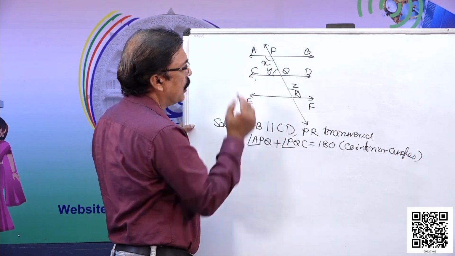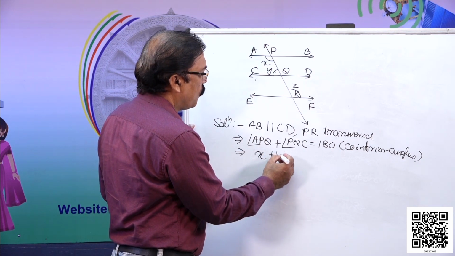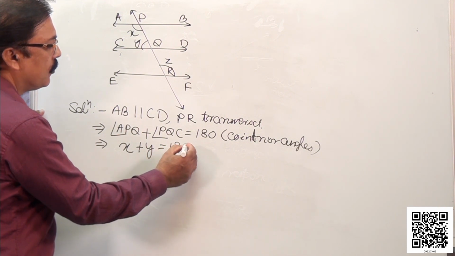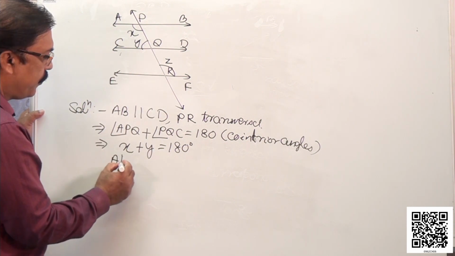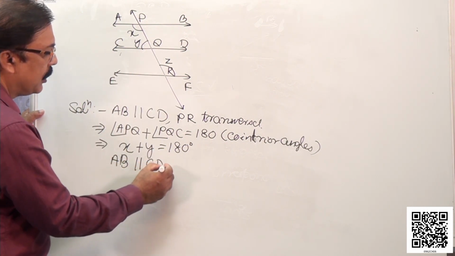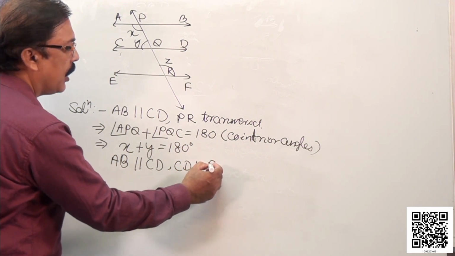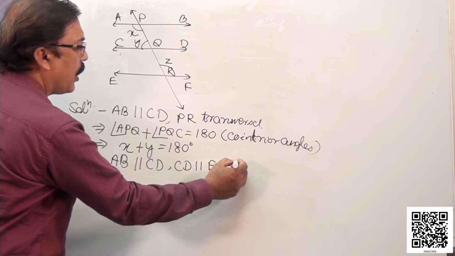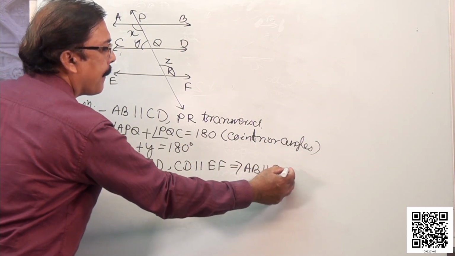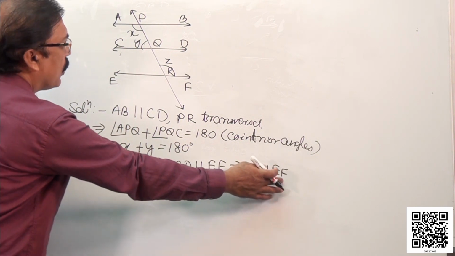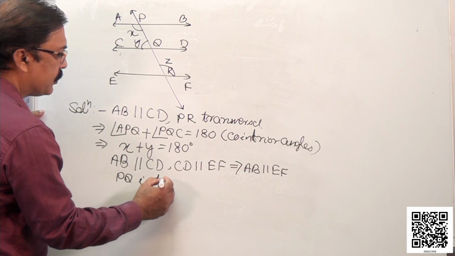These two are co-interior angles. This shows that X plus Y is equal to 180 degrees. As AB is parallel to CD and CD is parallel to EF, this implies AB is parallel to EF, and PR is the transversal.